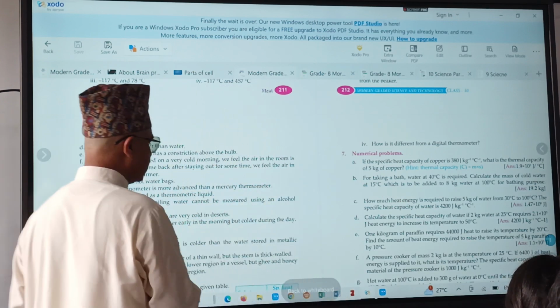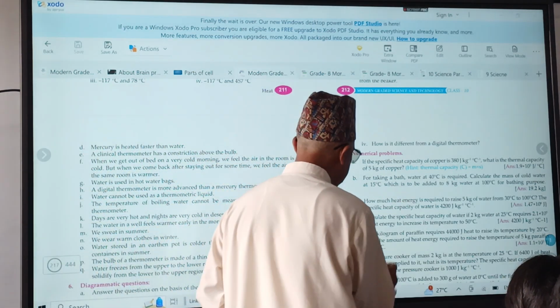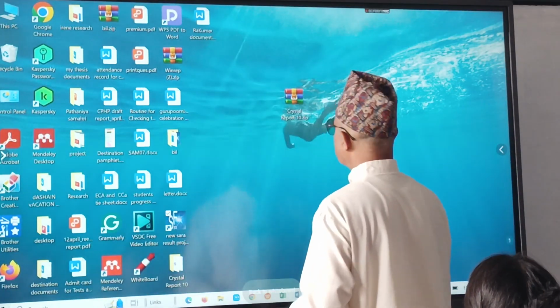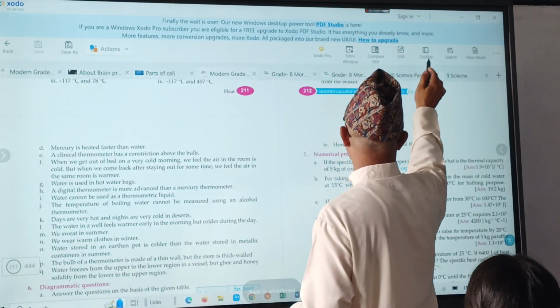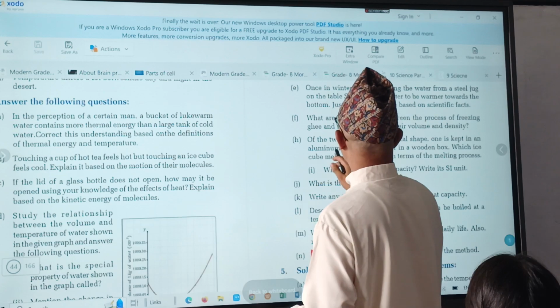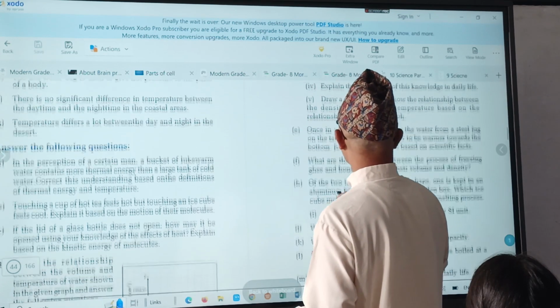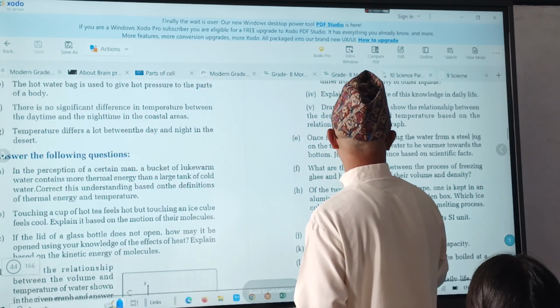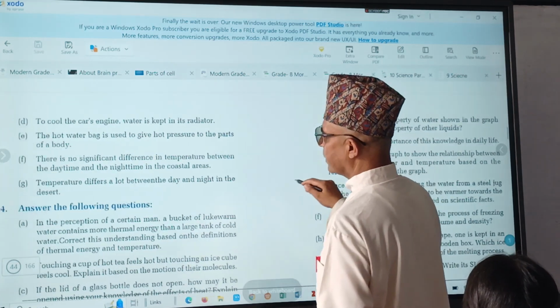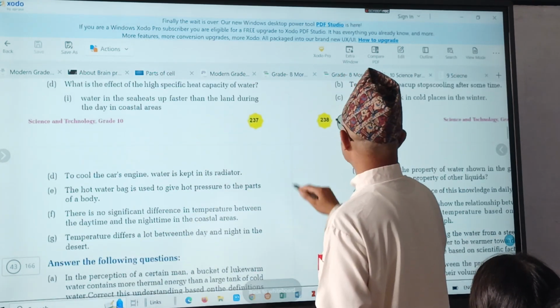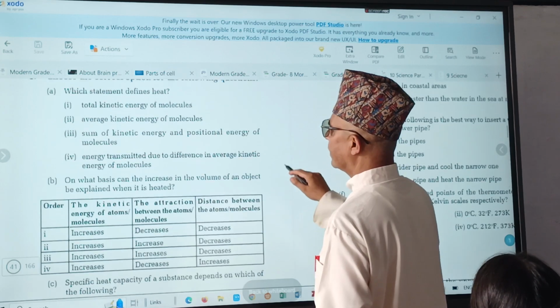Now let me discuss questions from another book as well. Here are some questions so that we can discuss from here also.